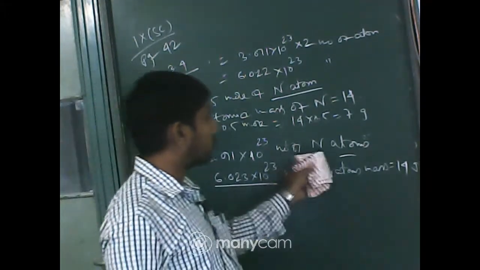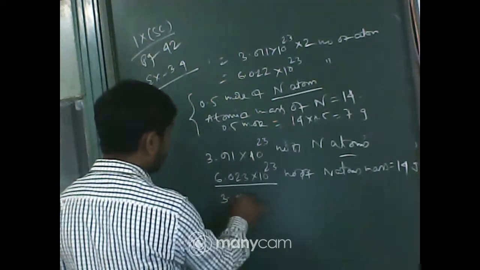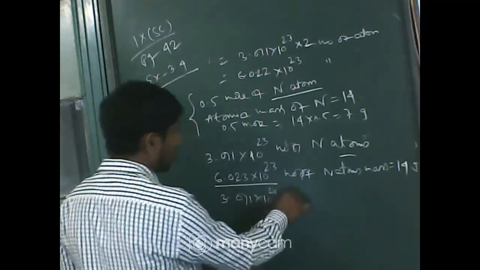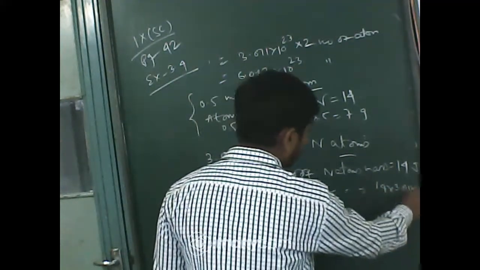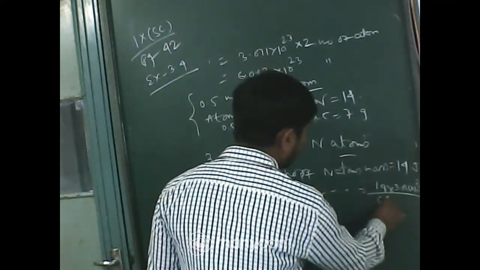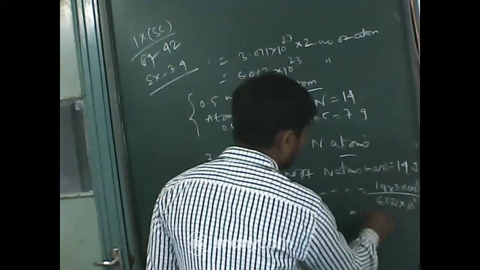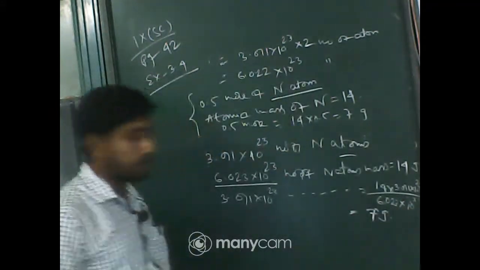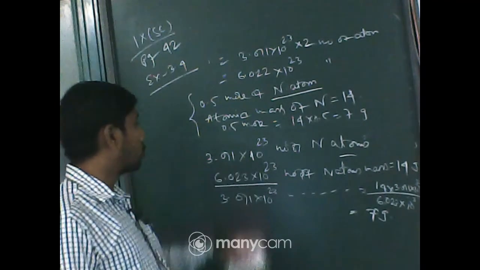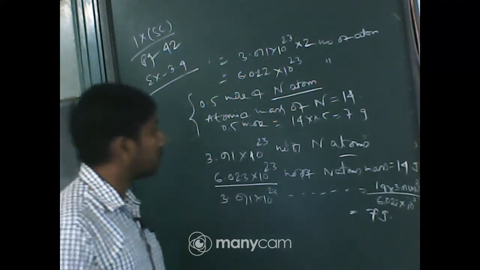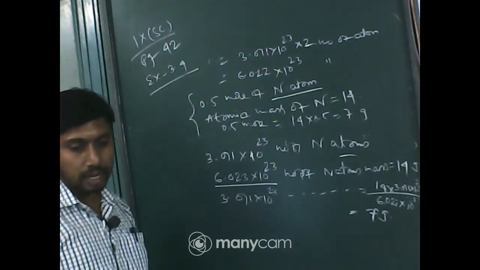So, 1 mole of nitrogen atoms is equal to 14 gram. Now, it is the half of that. So, 3.011 into 10 to the power 23 number of N atoms is equal to 14 into 3.011 into 10 to the power 23 divided by 6.023 into 10 to the power 23. Simplifying it, you will get 7 gram. Clear?